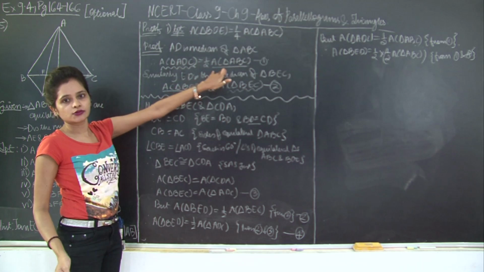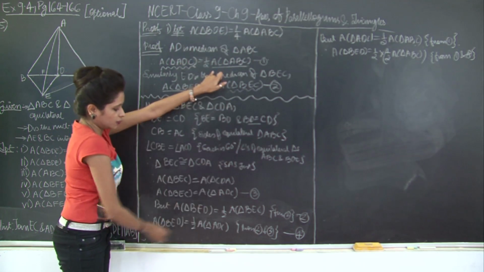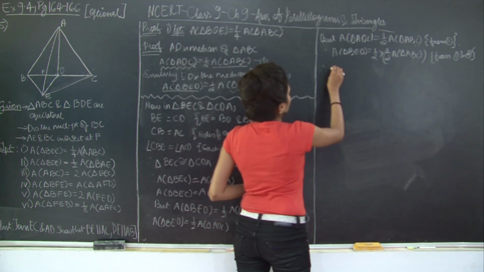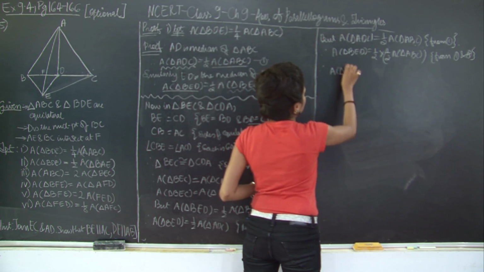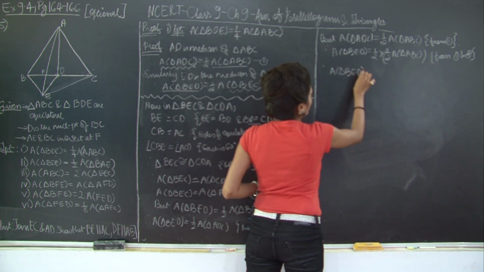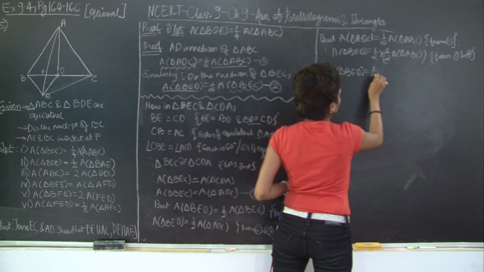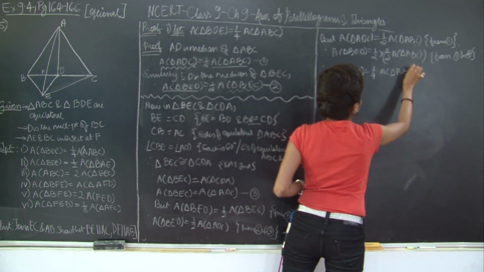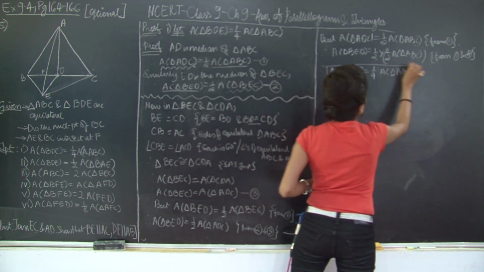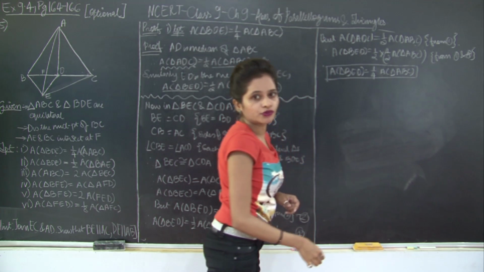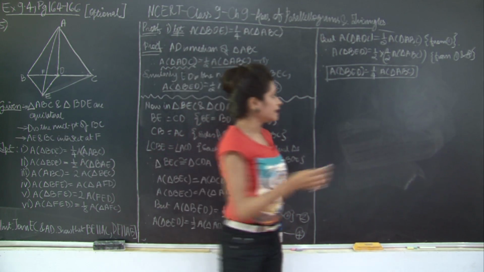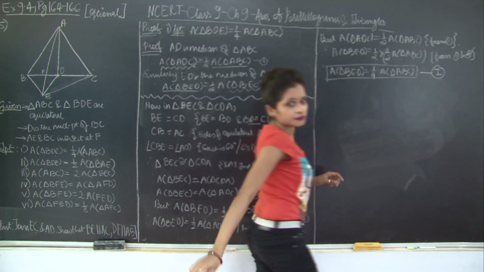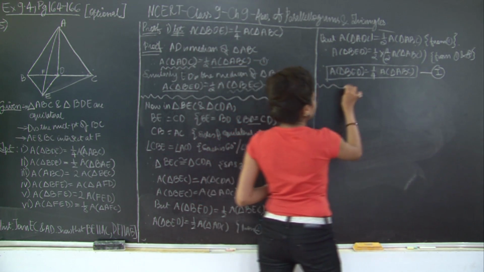We have ADC is equal to half ABC. So this is exactly what we are substituting here, okay? Therefore area of triangle BED, 1/2 into 1/2 is 1/4 area of triangle ABC. So this is what we were required to prove in the first section, right? I'll mark this as Roman number 1. Now second part.